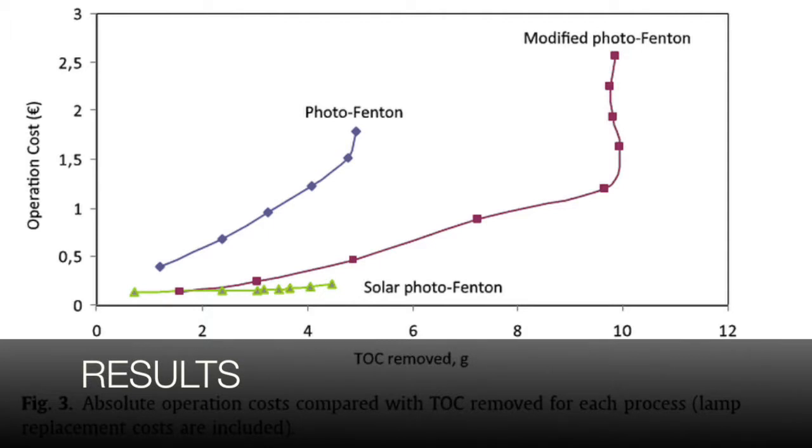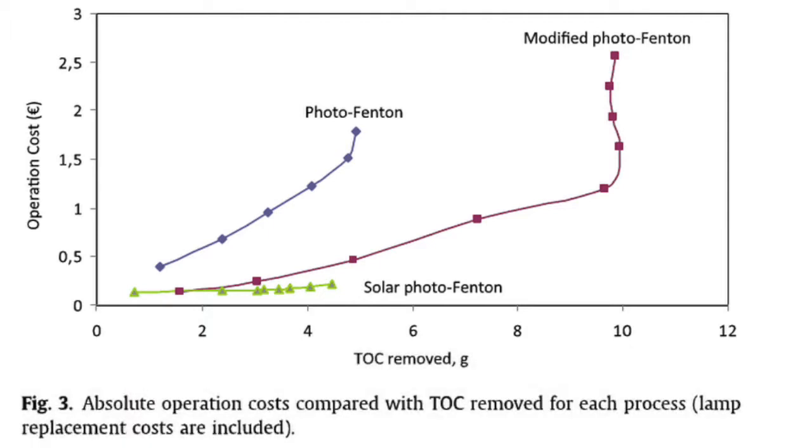For this figure, the operational costs for 3 processes are shown as a function of the percentage of TOC, that's total organic carbon, removed. In the process that uses artificial UV light, which is represented by the red line and the blue line, 3 stages can be observed in the cost evolution.